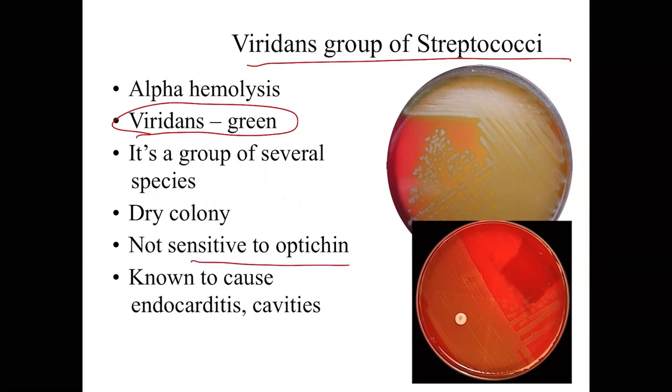It's not sensitive to optochin, so it's not going to give you a zone of inhibition around it. No zone of inhibition around it. It can cause cavities. It can cause endocarditis. They're a group, it's not just one.